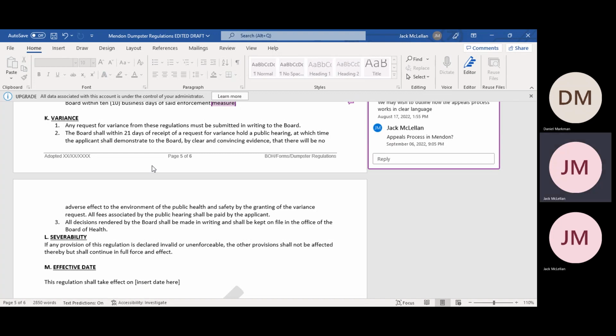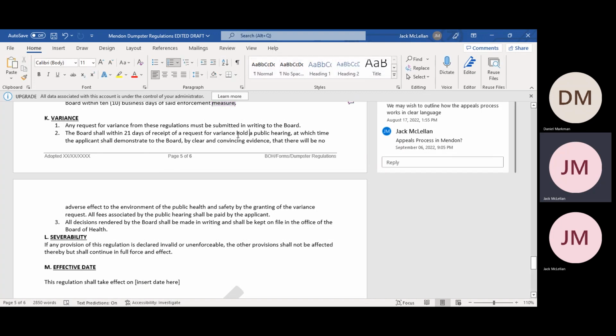Yeah, no doubt about it. My only question would be, do you have to actually hold a public hearing for a variance to what's already been set up in regulation? Could you just do that in a regular meeting? I would hope so. Dan, any comment on the public hearing section of variance number 2?